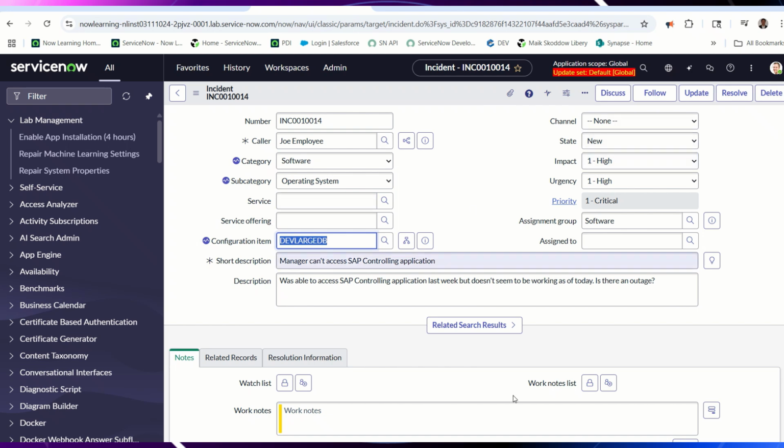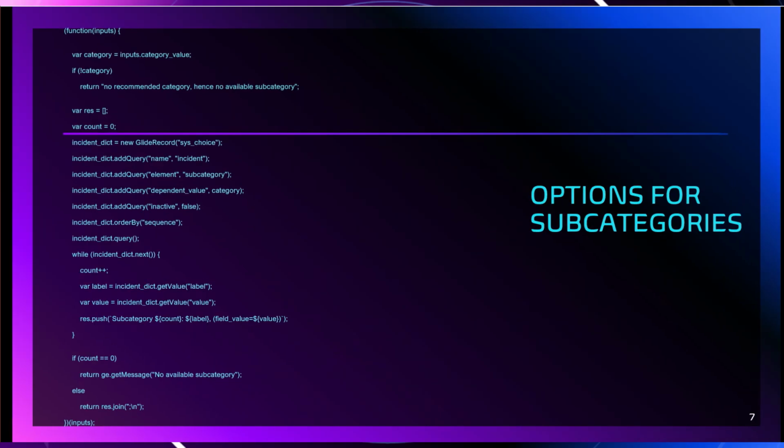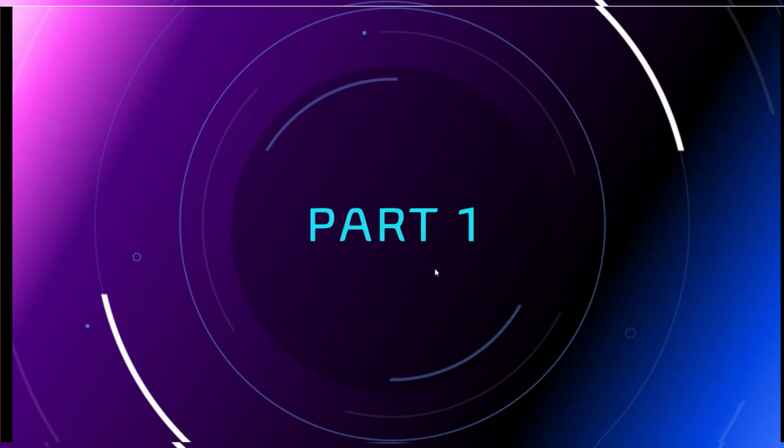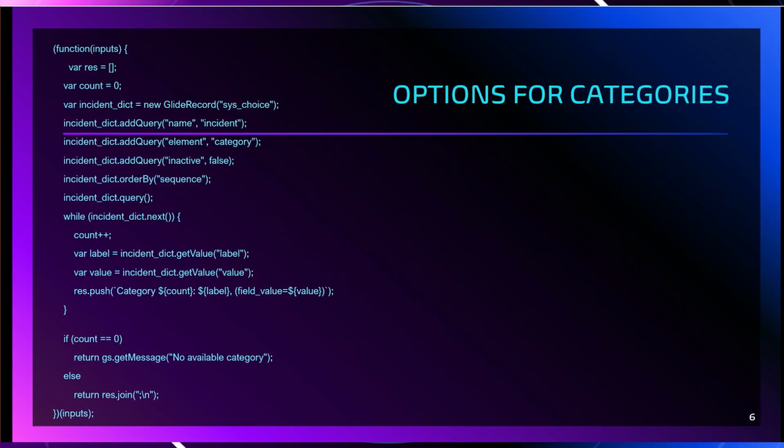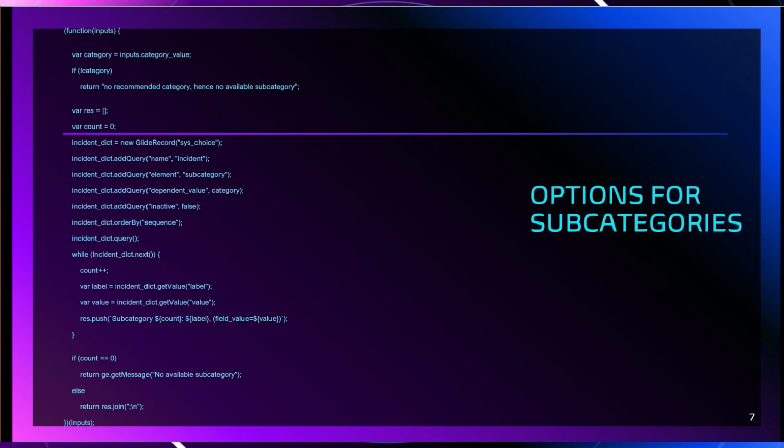From here, I showed you how the overall AI agent works, but I didn't go through all the scripts. I did go through these three scripts in part one: fetch instance details, option for category, and option for subcategory.